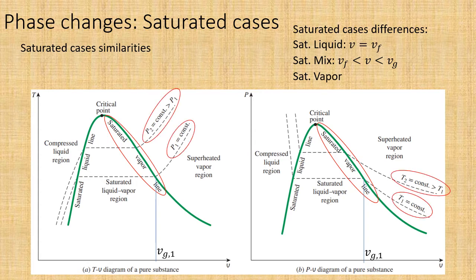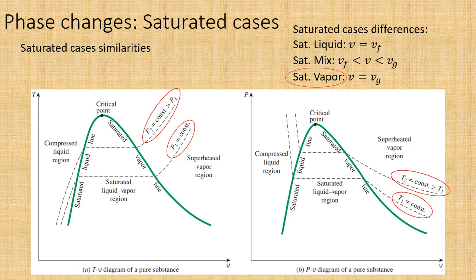For a given pressure or temperature, when the specific volume V is equal to the specific volume of saturated vapor, Vg, then we have saturated vapor.